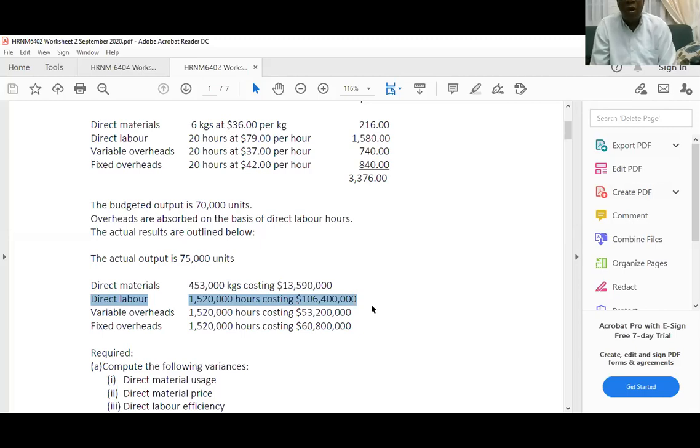So we have 1,500,000 hours minus 1,520,000 hours. We open and close the brackets. And we're going to multiply that by $79 per hour.